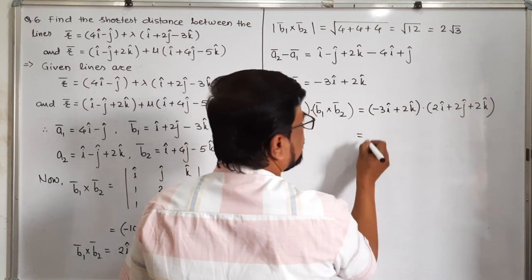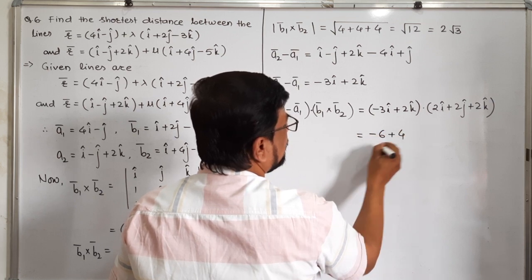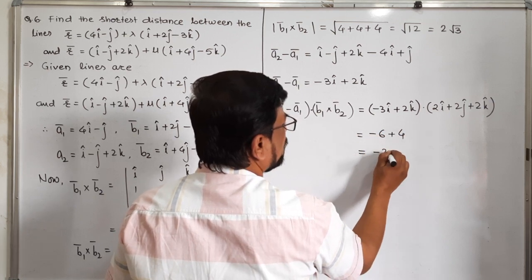Now take the dot product. It is nothing but minus 6 plus 4, that is equal to minus 2.